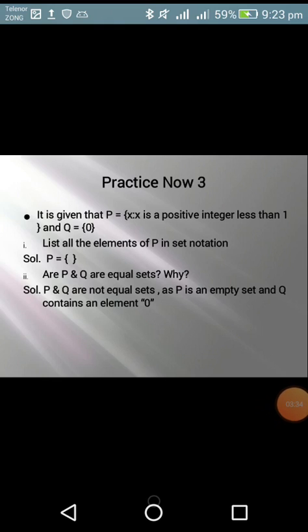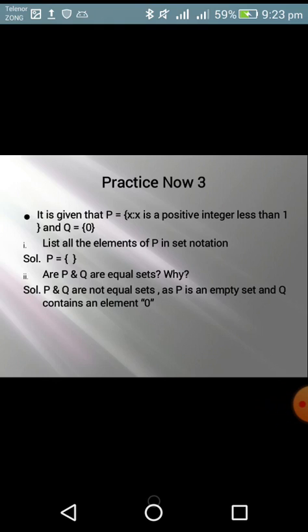Now we will solve practice now 3, which is: it is given that P is the set of X such that X is a positive integer less than 1, and Q is the set which contains only one element, which is 0.